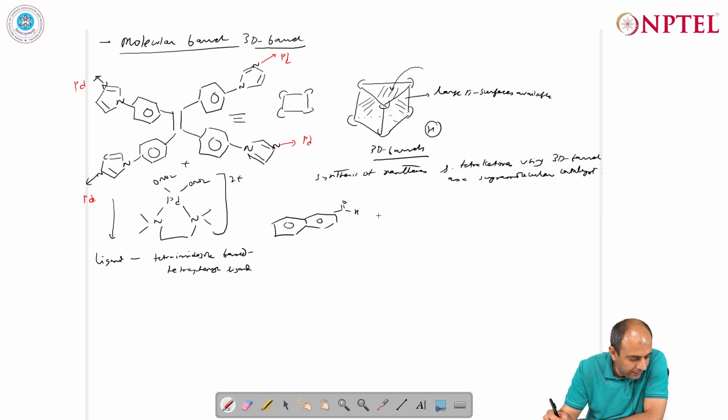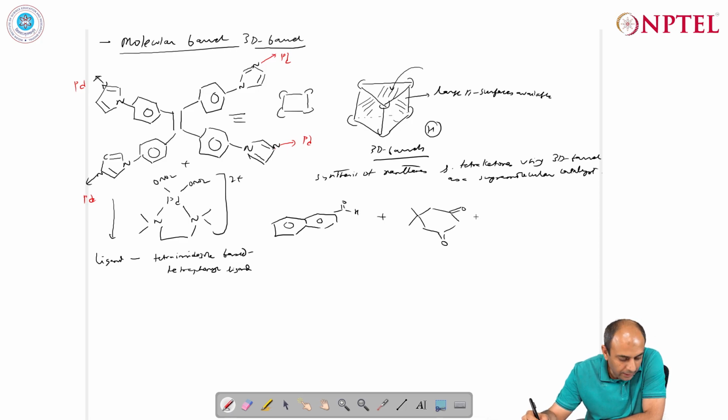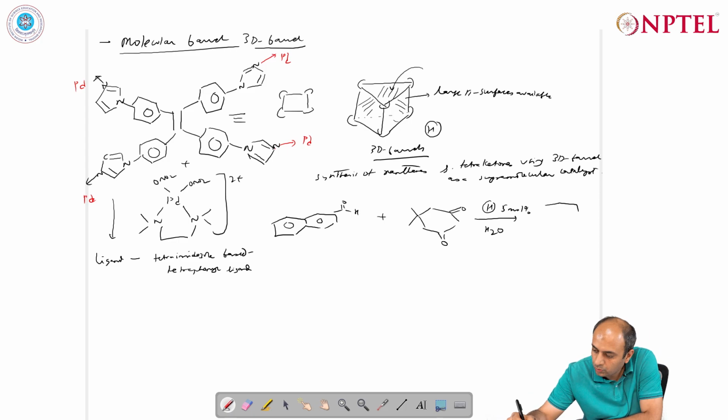So this is one reactant plus this is the other reactant, and in the presence of this molecular barrel H, 5 mole % in water, it gives rise to this product.